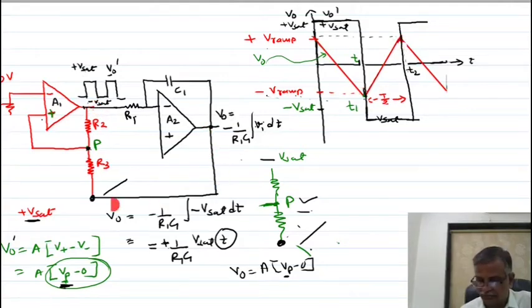So positive ramp is coming here at time T2. Your point P is slightly above 0. The potential at point P becomes slightly above 0. So the state of VO dash is changed from minus to plus. This continuously repeats. As a result, we will get a triangle waveform at the output.